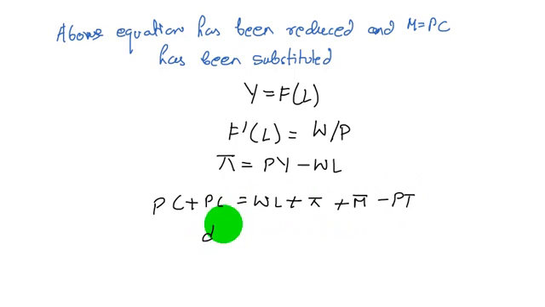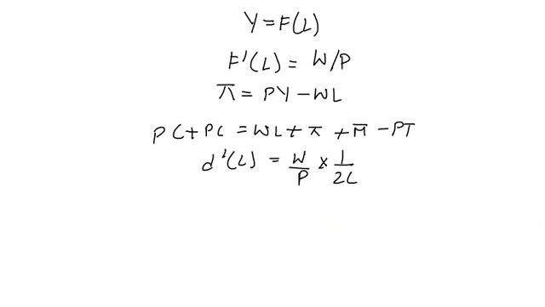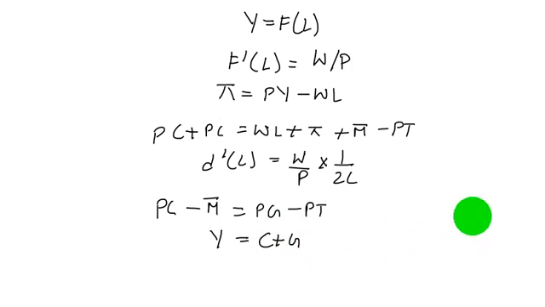Therefore D dash L equals W by P into 1 by 2C. Also M equals PC, and M minus M bar equals PG minus PT, that is Y equals C plus G.